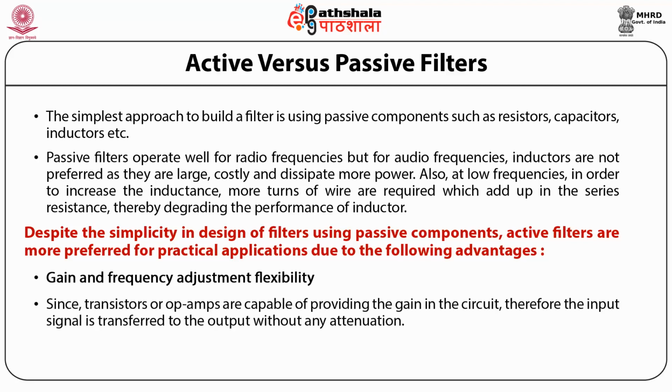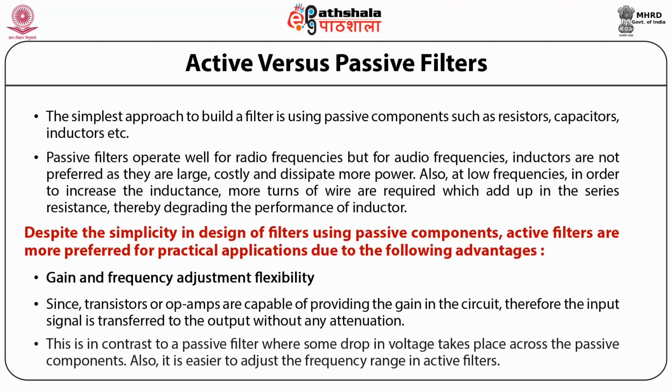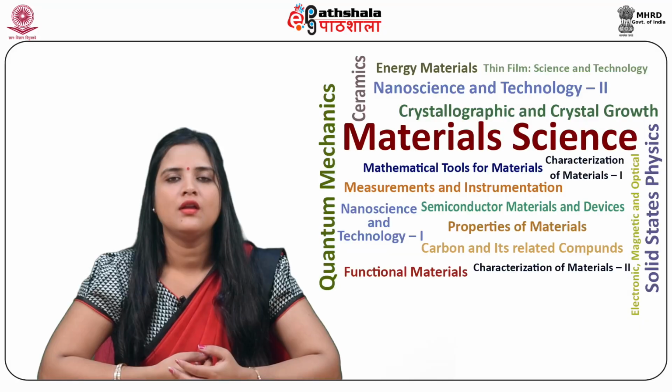Since transistors or op-amps are capable of providing the gain in the circuit, therefore, the input signal is transferred to the output without any attenuation. This is in contrast to a passive filter where some drop in voltage takes place across the passive components. Also, it is easier to adjust the frequency range in active filters.